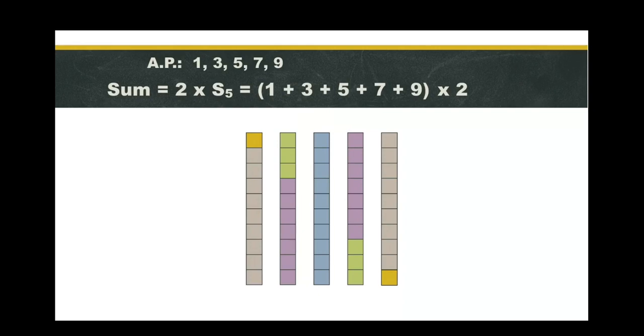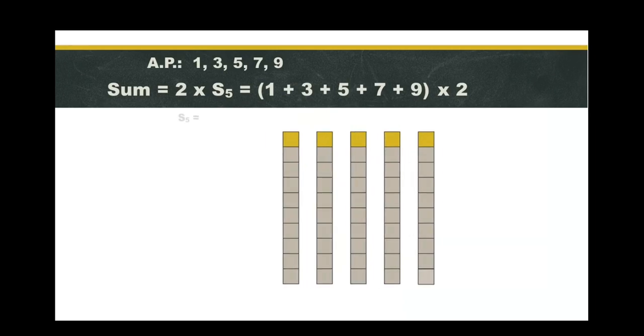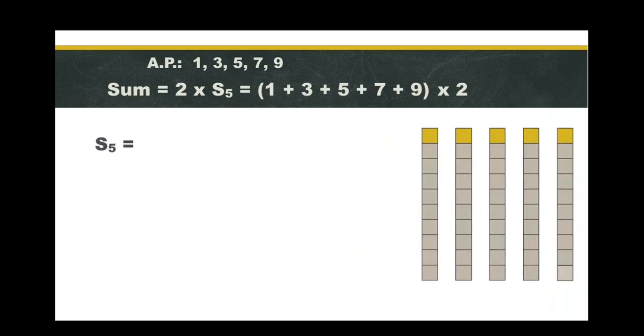and for more simplicity, we can say that all the lengths are the sum of the first number 1 and the last number 9. So S5 we can write as: there are 5 such columns, so 5 multiplied by the length of each column, 1 plus 9, the first term plus the last term.